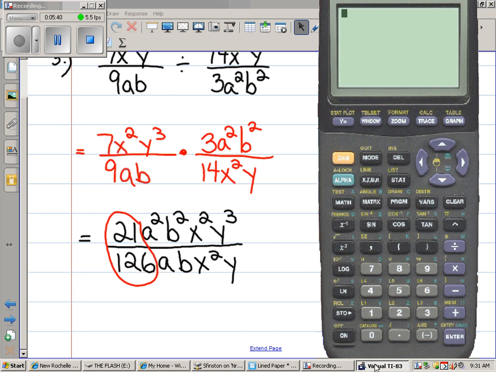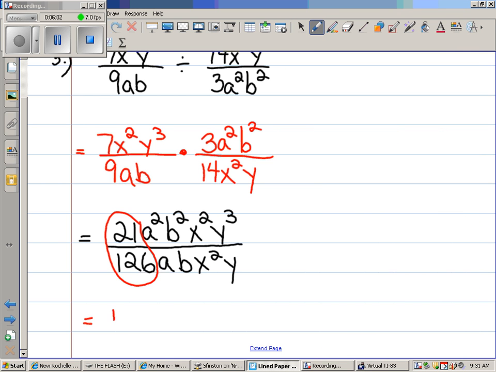Close. 21 divided by 126. I think you might have flipped it upside down, Jamie. Now, you don't put that decimal down. Math, convert to a fraction, you get 1/6. So this equals 1, and the 6 is going to be on the bottom.